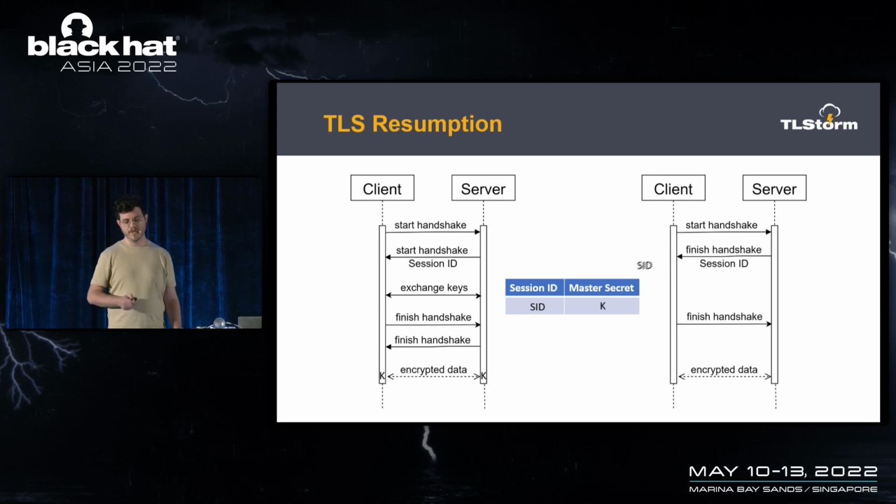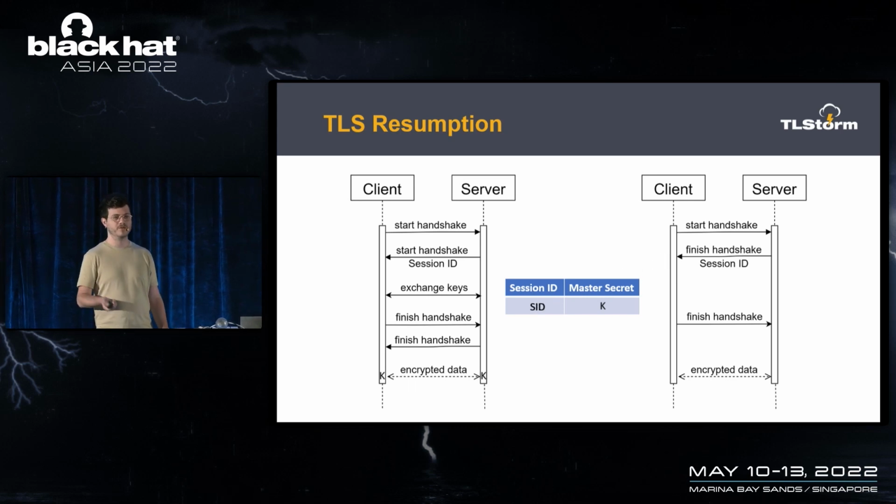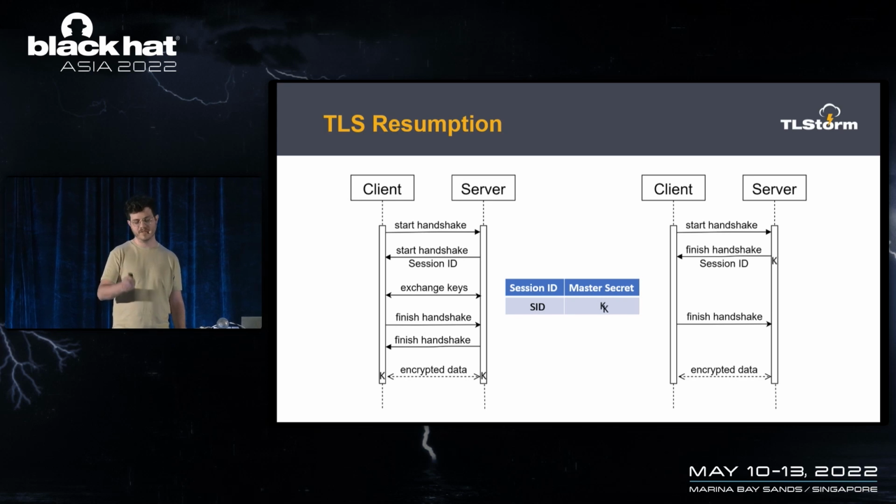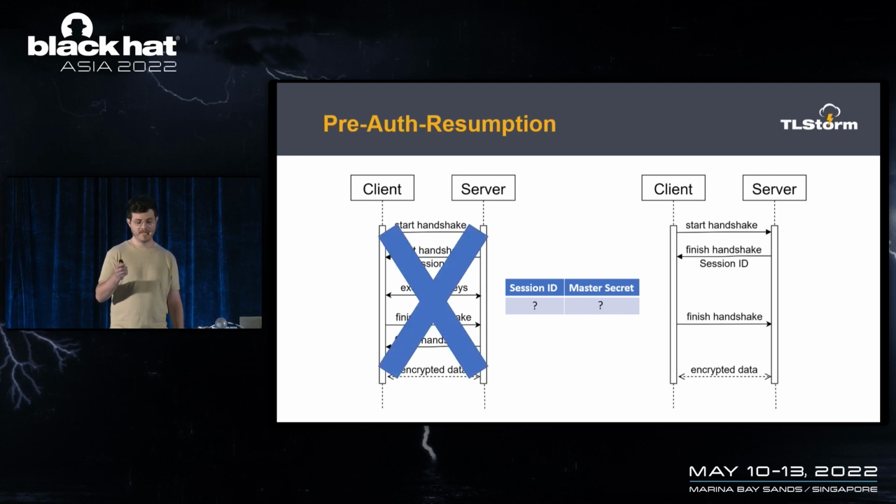When the two parties want to reestablish their connection, all they need to do is present the same session ID again. And from there, they can fetch the master secret from their cache and hop straight to the communication phase.